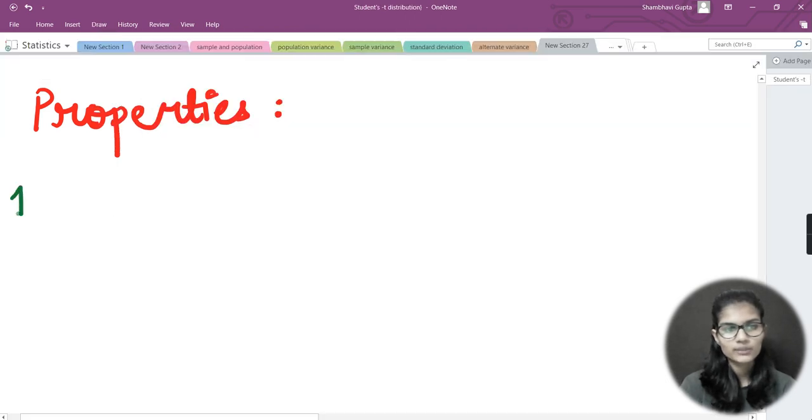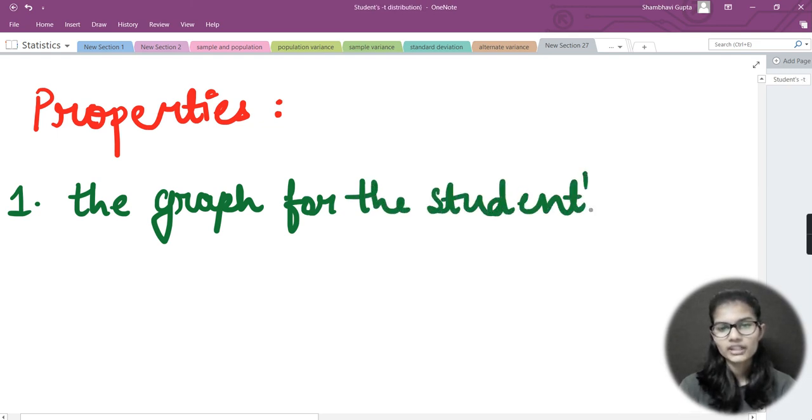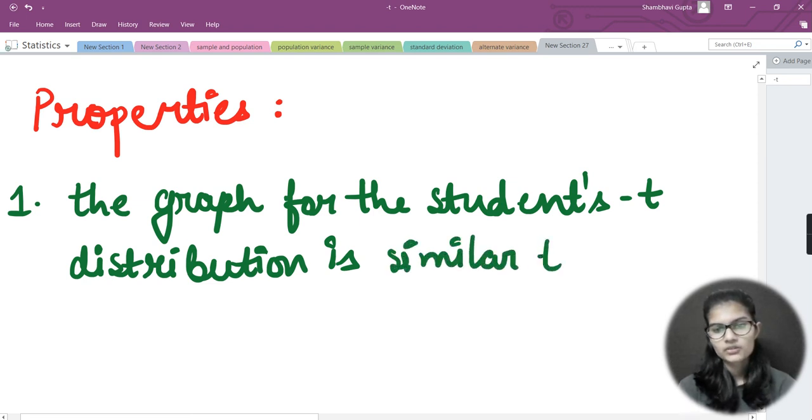Let me quickly put out the first property. The first property is that the graph for the student's T distribution is similar to the standard normal curve.